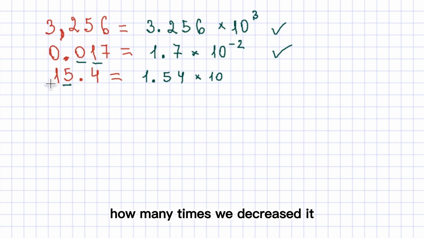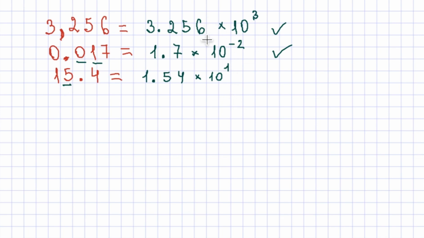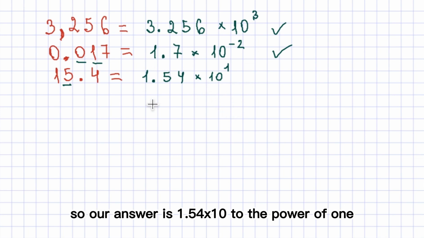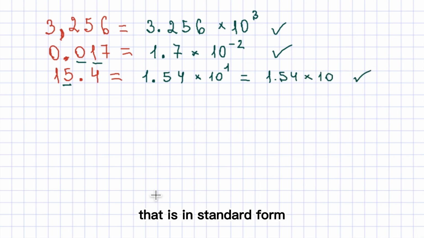How many times did we decrease it? If we change the position 1 place, it means we decreased it 10 times. So here we will increase it 10 times. So our answer is 1.54 times 10 to the power of 1. Actually, we can write it 1.54 times 10. That is in standard form.